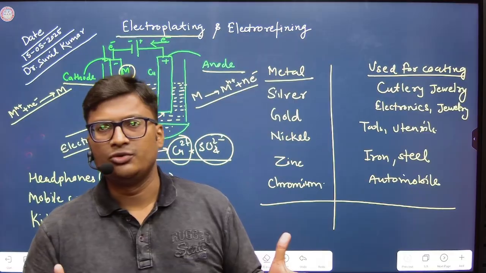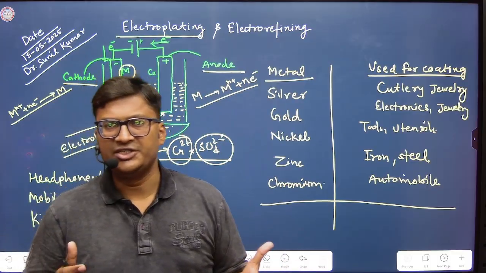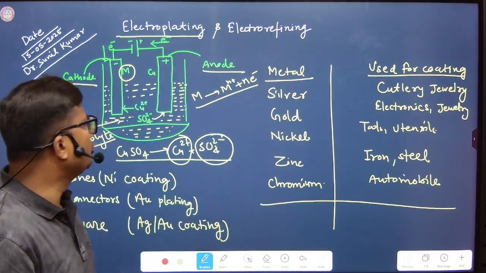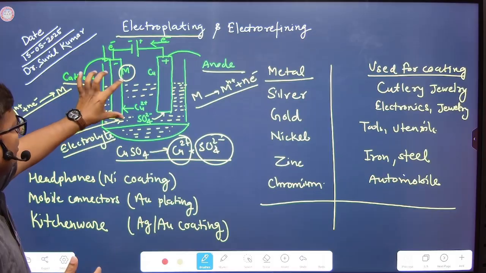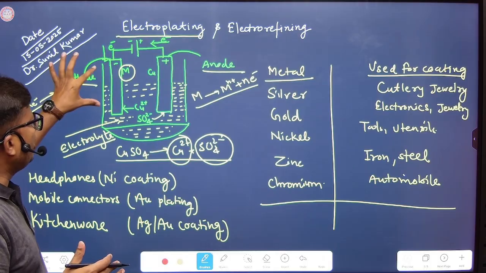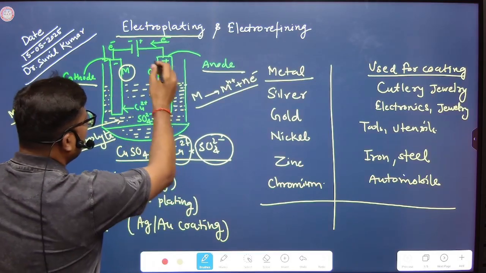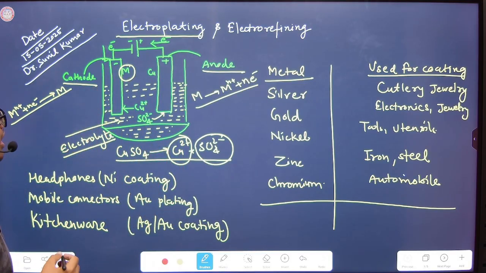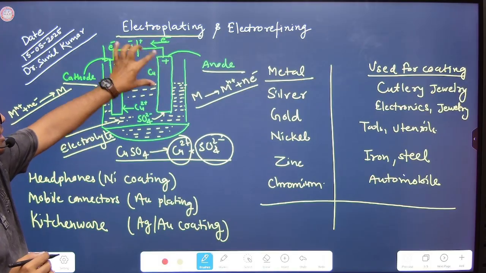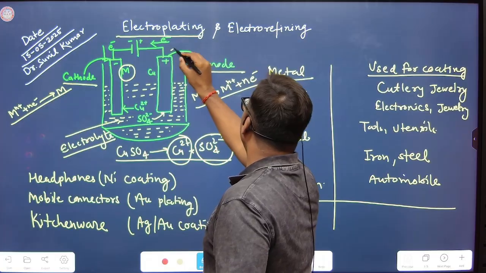The metal which is deposited comes from the anode, so the metal required to deposit on the cathode should be dipped in this solution. These two electrodes are externally connected by a source of electricity, which is actually a battery.